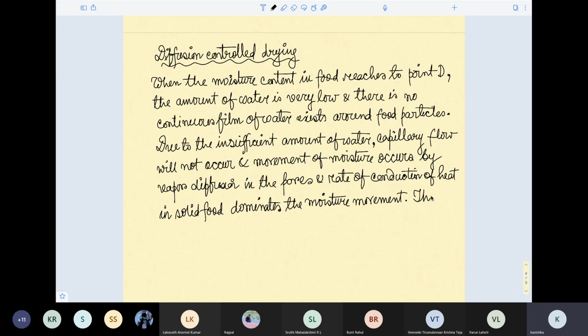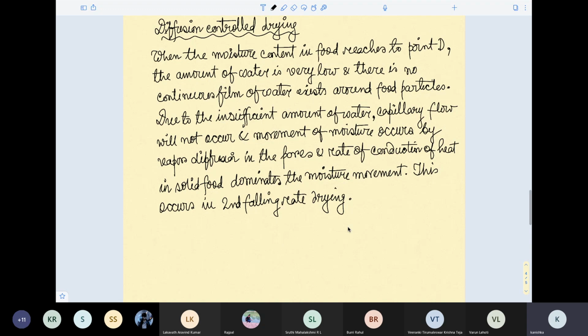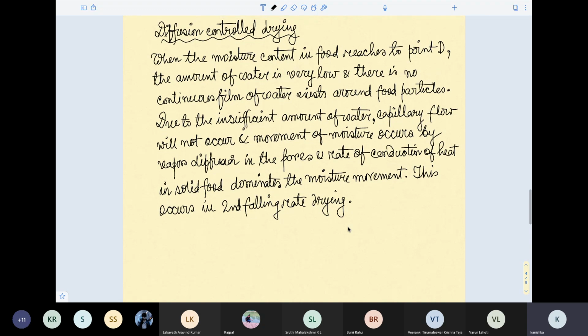So this occurs in second falling rate drying period.